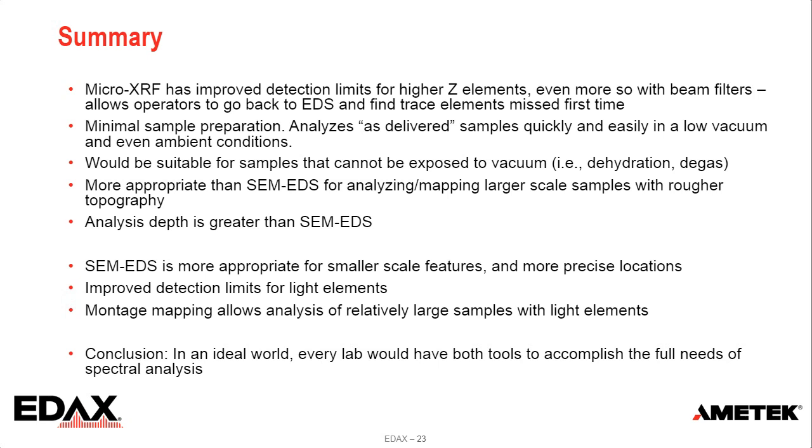Next question is, where does the background in the micro-XRF spectrum come from? So similar to EDS, in micro-XRF we do have a background in the spectrum. The EDS background is generated by the electrons being accelerated or decelerated in the sample, while micro-XRF does not have electron-sample interaction.